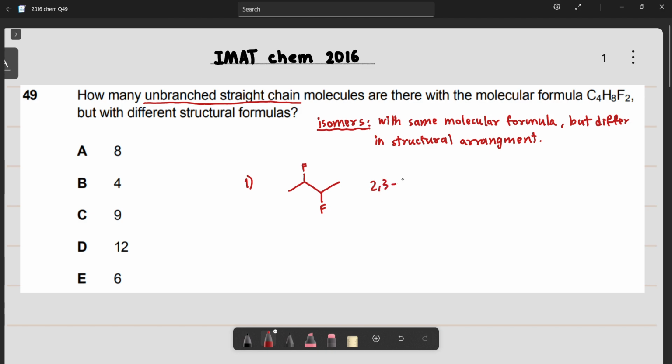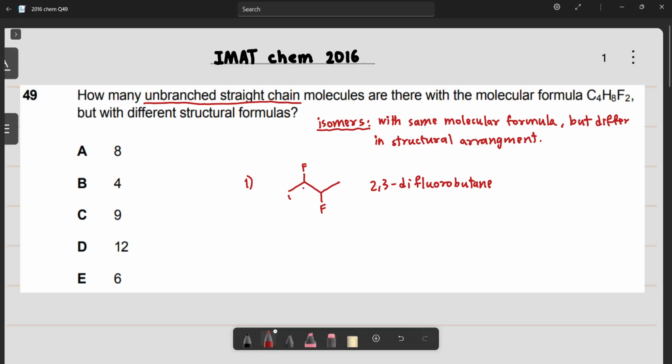So this will be 2,3-difluorobutane. It's butane because there are 4 carbons, and we have 2 fluorine atoms, so it's difluoro. And always remember the IUPAC rule: we always count from the smallest count possible.